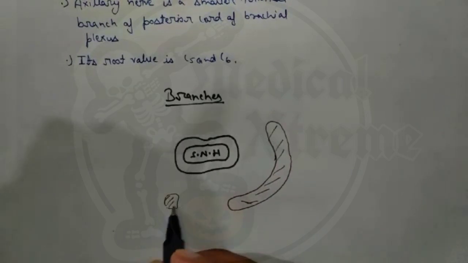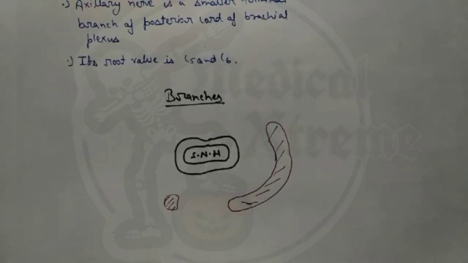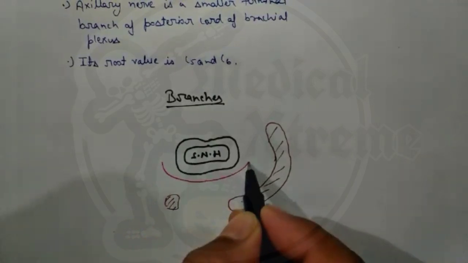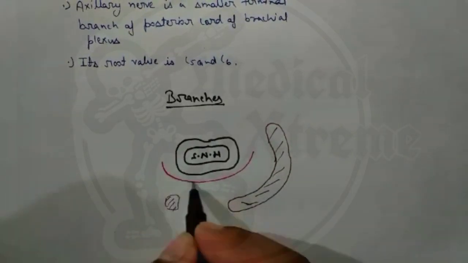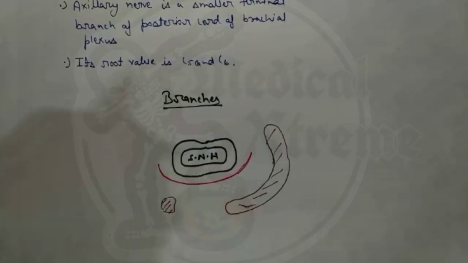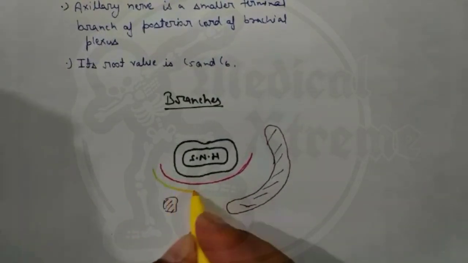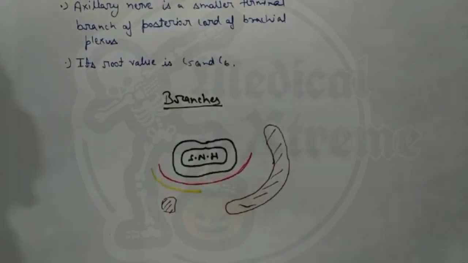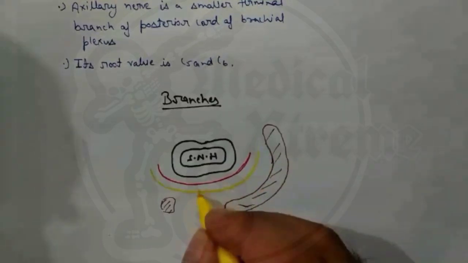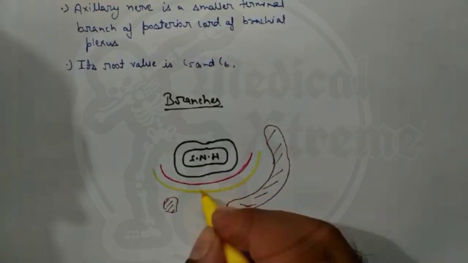This is teres minor muscle. This is posterior circumflex humeral artery. Axillary nerve at quadrangular space divides into two branches. One is anterior and another one is posterior.